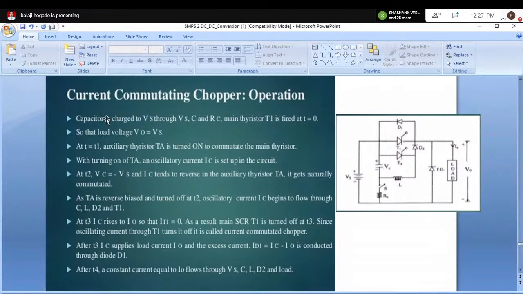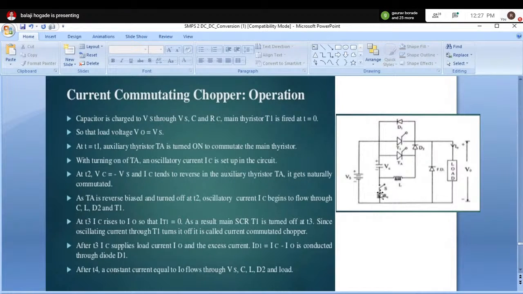So let us begin with the operation of the chopper circuit. Capacitor is charged to Vs through Vs, C and Rc. Capacitor is charged through Vs, that is the source voltage, capacitor, and Rc, the charging resistance.